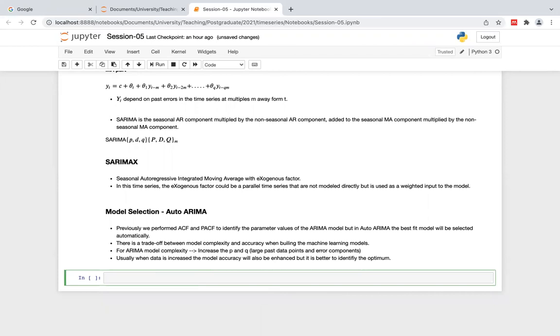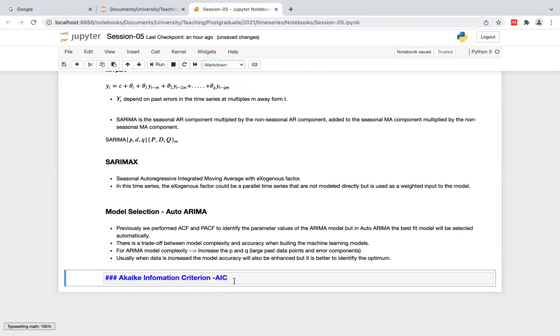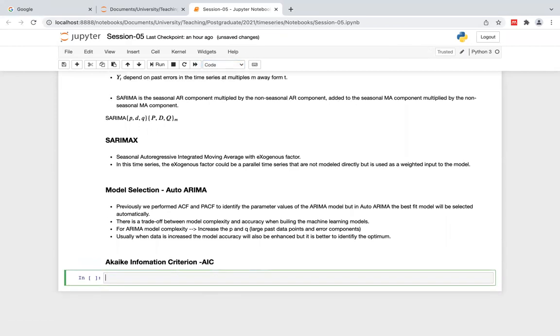That's called Akaike information criteria, AIC. Actually, this is the default one in the auto ARIMA.